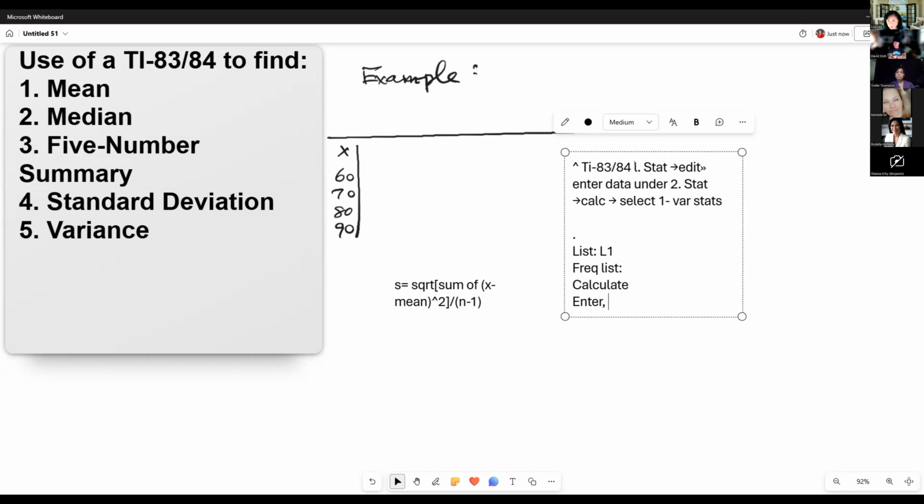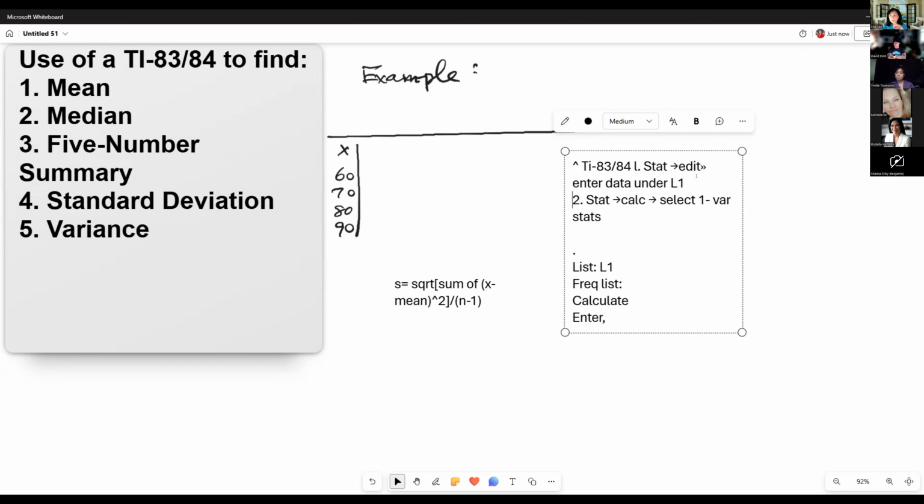Number 1, you hit the stat, go to edit, then enter the data under L1, because the calculator gives you L1, L2, L3, up to L6 for you to enter data. So first one, just do this only, right?